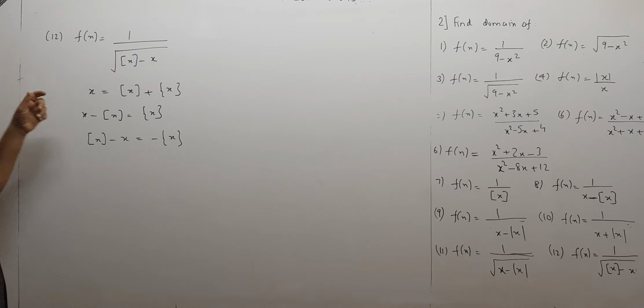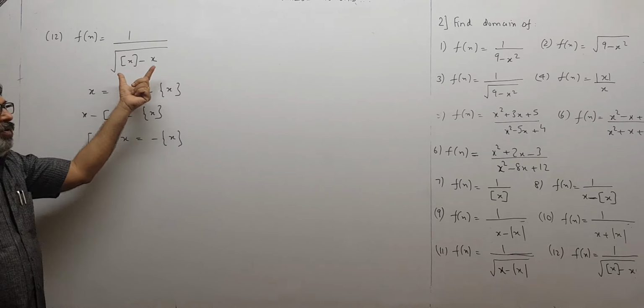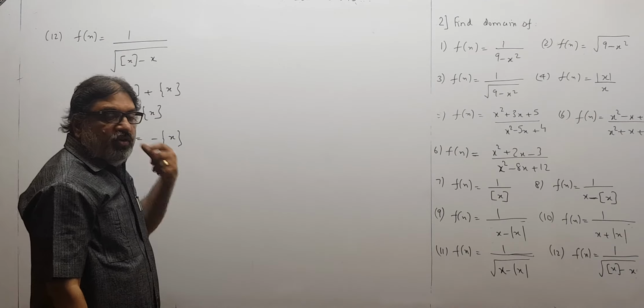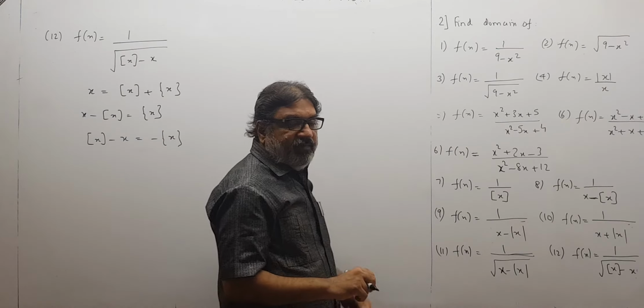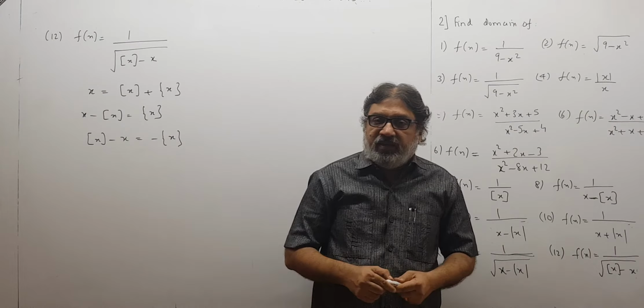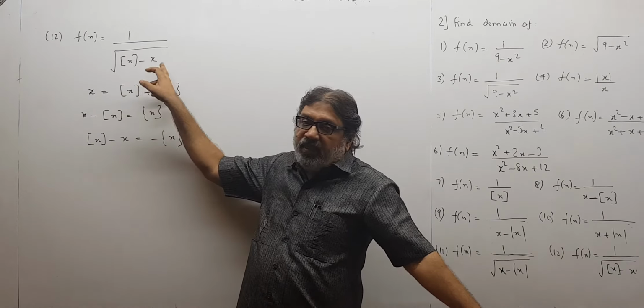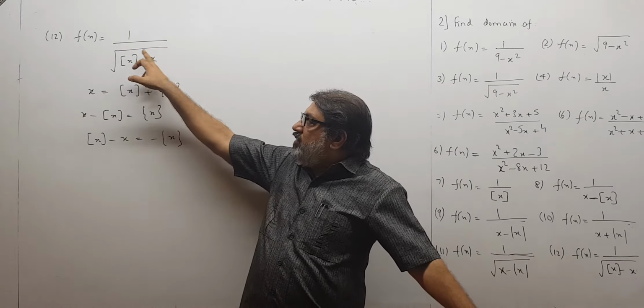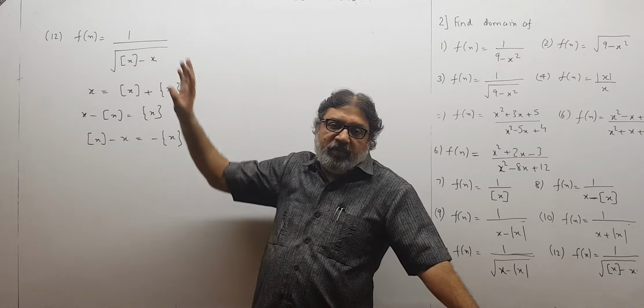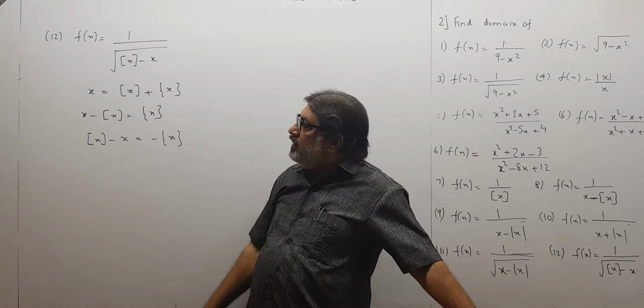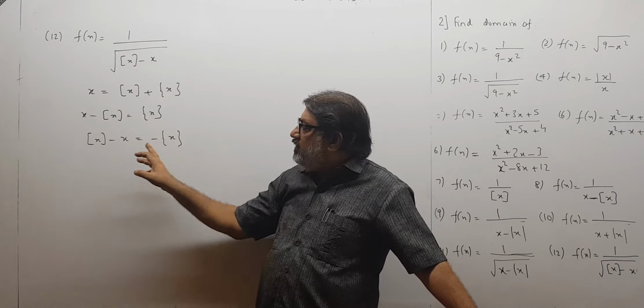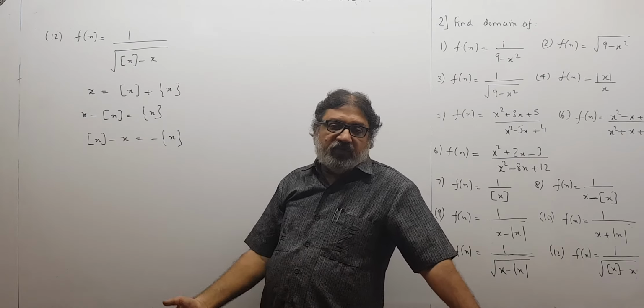Now children, this number should be positive, but not 0 and not negative. Because it is a square root, the number should be positive, and because it is in the denominator, this number should not be 0, because 1 upon root 0 will become undefined. So this number, integer x minus x, should be positive.